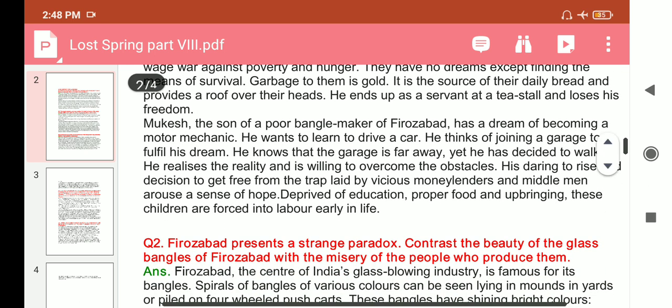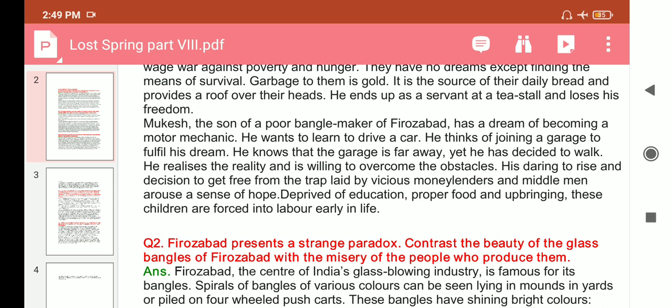Mukesh, the son of a poor bangle maker of Ferozabad, has a dream of becoming a motor mechanic. He wants to learn to drive a car. He thinks of joining a garage to fulfill his dream. He knows that the garage is far away, yet he has decided to walk. He realizes the reality and is willing to overcome the obstacles.